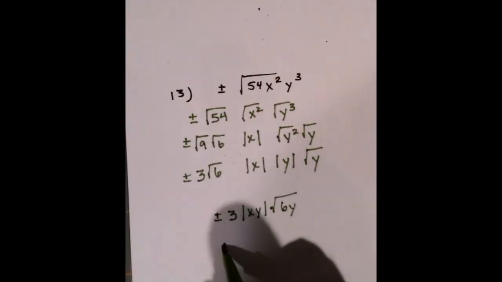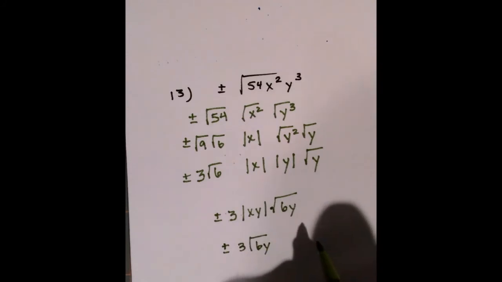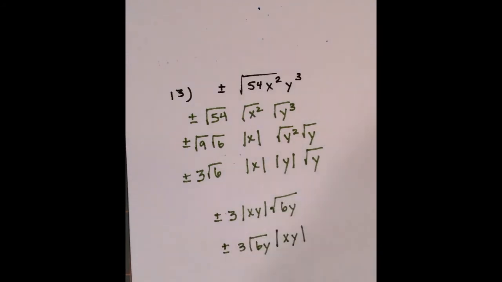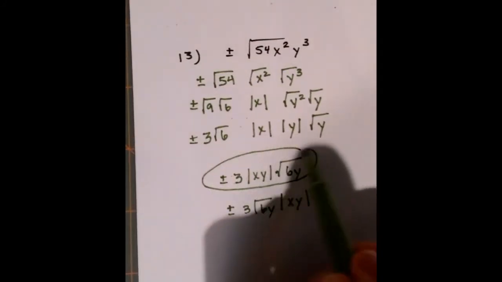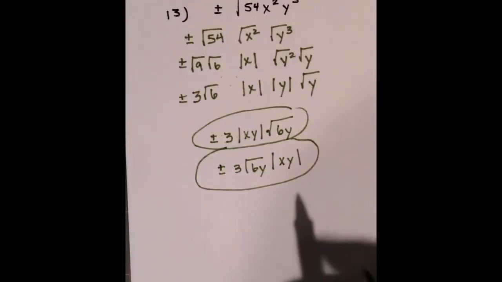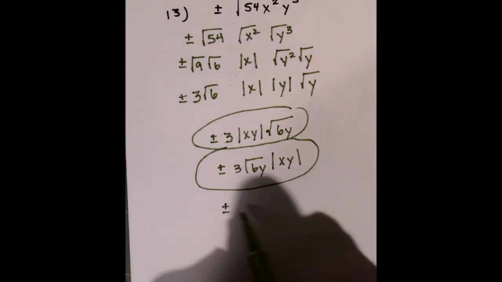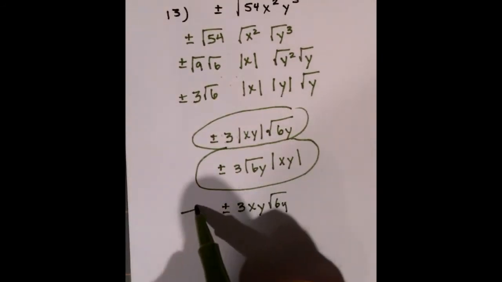You could also say plus or minus 3 root 6y times the absolute value of xy. Okay? I think either of these would be an appropriate solution. And again, after this homework, I'm probably not going to be too crazy about this, but plus or minus 3 xy root 6y, that's probably how I would do it.